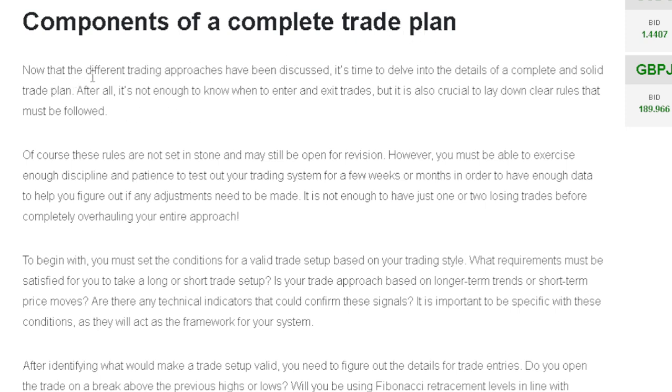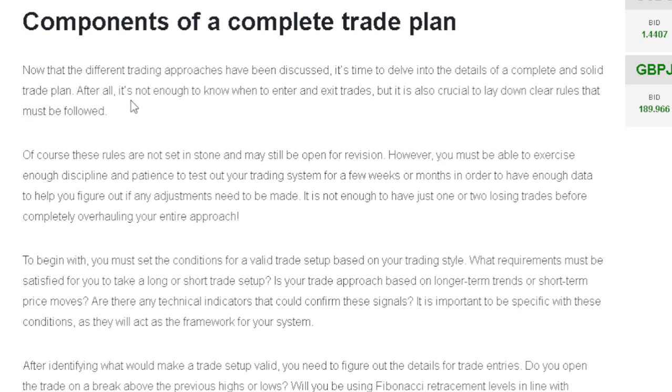Now that the different trading approaches have been discussed, it's time to delve into the details of a complete and solid trade plan.